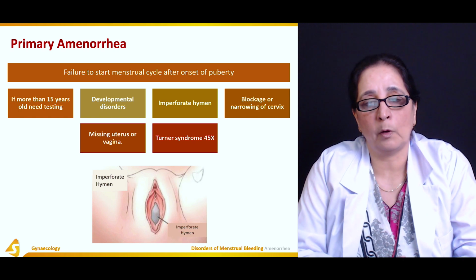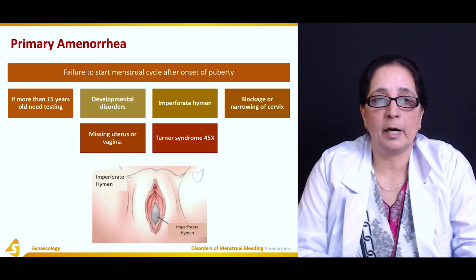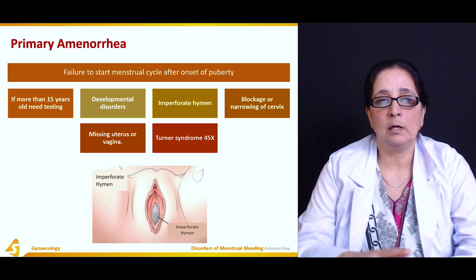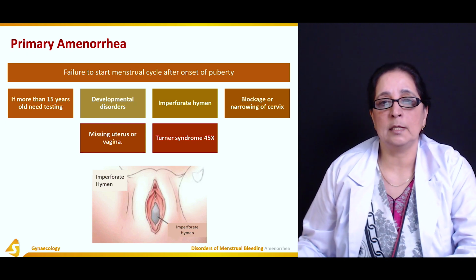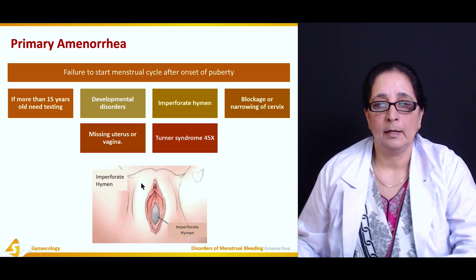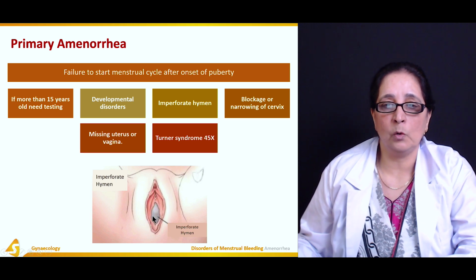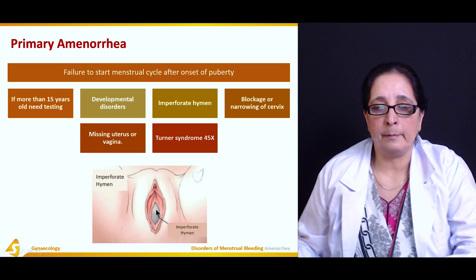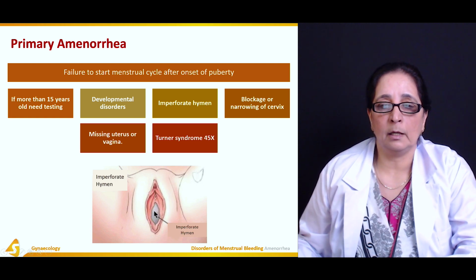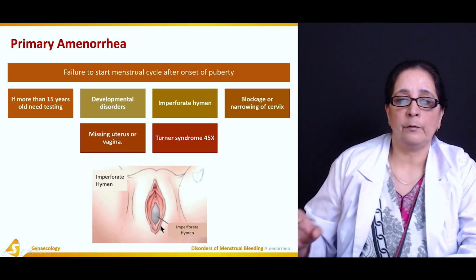Usually there are problems like developmental disorders that can lead to primary amenorrhea. One common developmental disorder is imperforate hymen. If you see in this diagram, this is the picture of imperforate hymen. There is no opening in the hymen. During the development of the baby, the perforation in the hymen doesn't take place, so this leads to imperforate hymen.